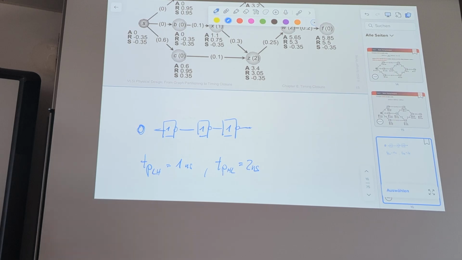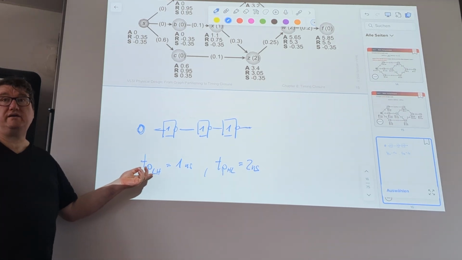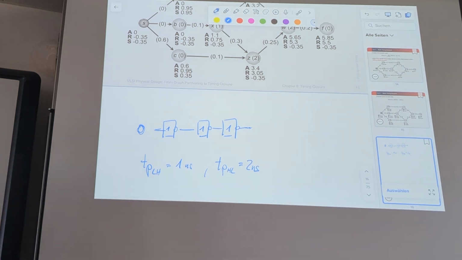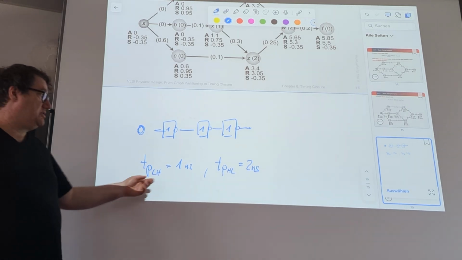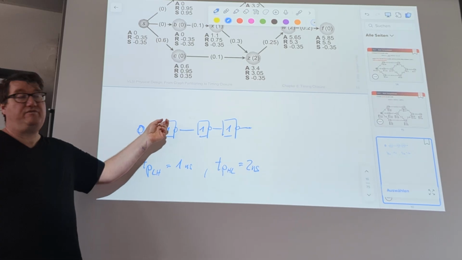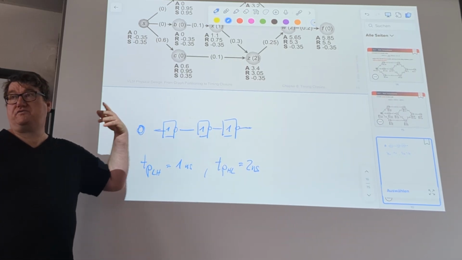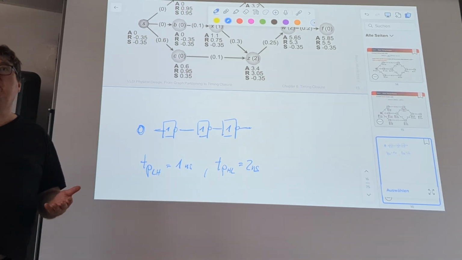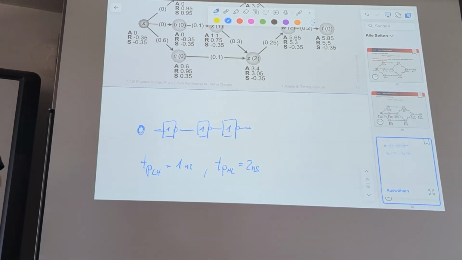You have a propagation delay for a low-high transition at the output of 1 nanosecond. You have a propagation delay of 2 nanoseconds for a high-low transition. If you are supposed to estimate your actual arrival time under worst-case conditions, you would assign the worst case of that. Meaning you say, okay, worst case, every inverter will have a delay of 2 nanoseconds, because you don't know anything about whether it's going from 1 to 0 or from 0 to 1.